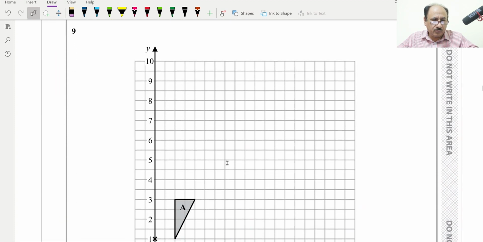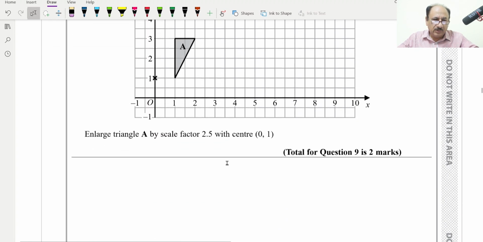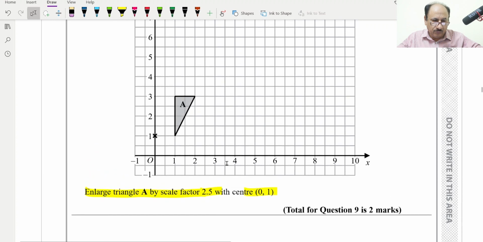Now we can move to question number 9. They have given this graph, and they are saying enlarge triangle A by scale factor 2.5 with center 0 1. 0 1 is over here.